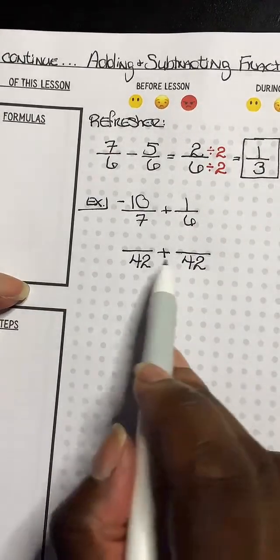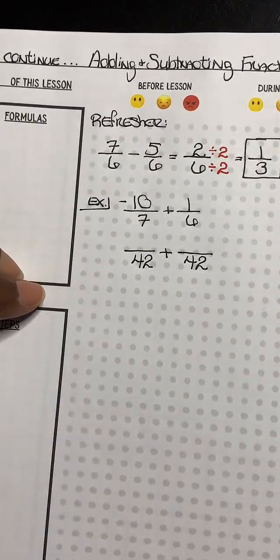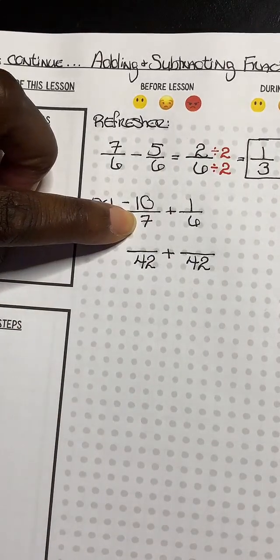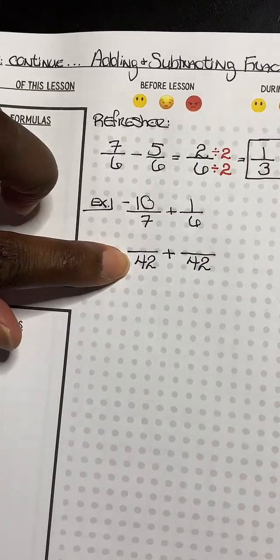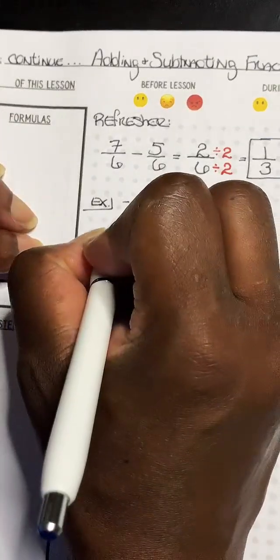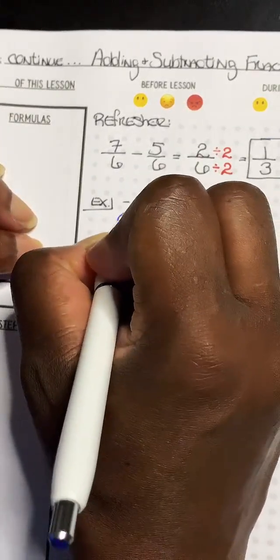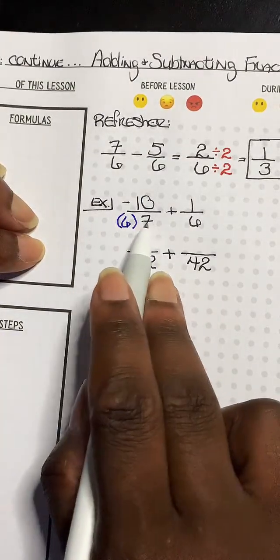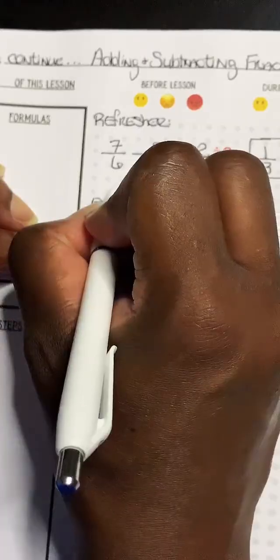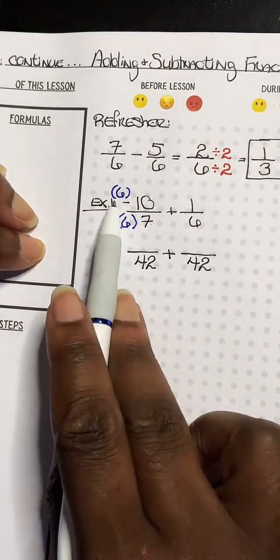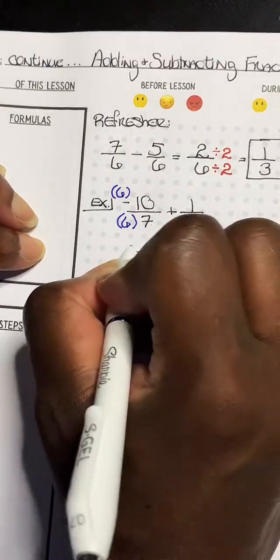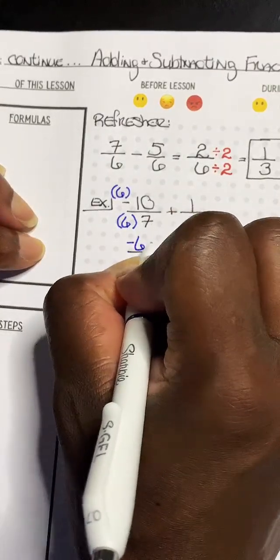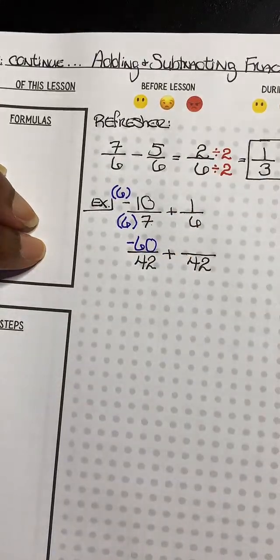Thanks, Eric. So then what we did, how do I change that 7 to a 42 using multiplication? Well, I multiplied by 6. And whatever I did in the denominator, I need to do in the numerator. So 6 times negative 10 gives me negative 60.